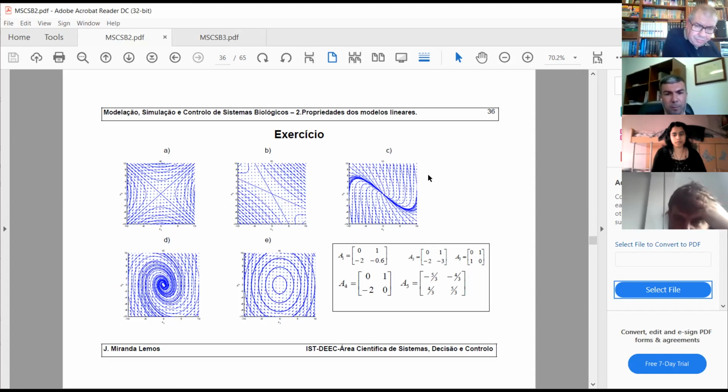So I'm faster in R than in MATLAB. Oh, but you should do it by hand. I should do it by hand. Okay, I did it in R.